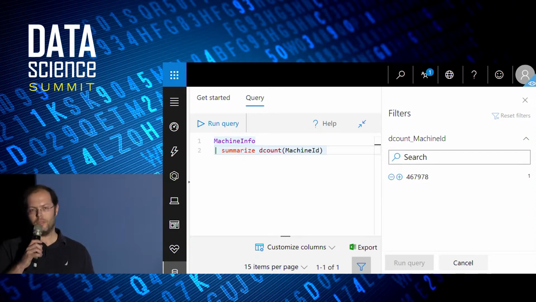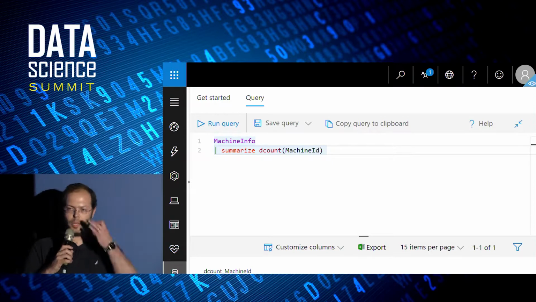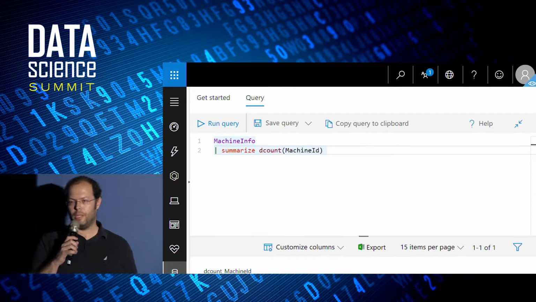So let's start with counting how many machines are actually reporting to us in the Microsoft tenant. We see it is a bit more than 400K machines reporting to us in the last 30 days.